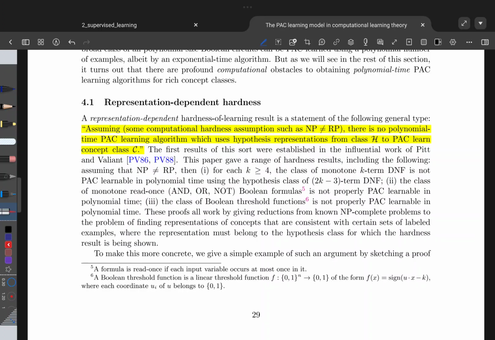And many of these do make some assumptions, let's say, a statement like NP not equal to RP, where NP is the class of functions that can be verified in polynomial time, and RP is the class of all randomized functions that can be evaluated in polynomial time.